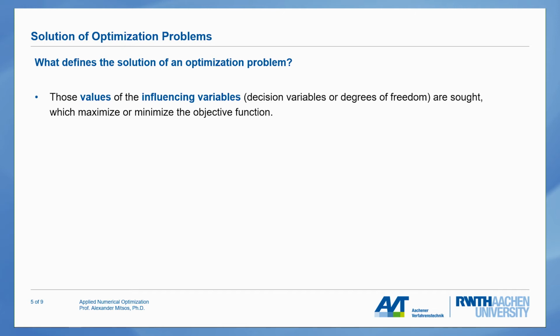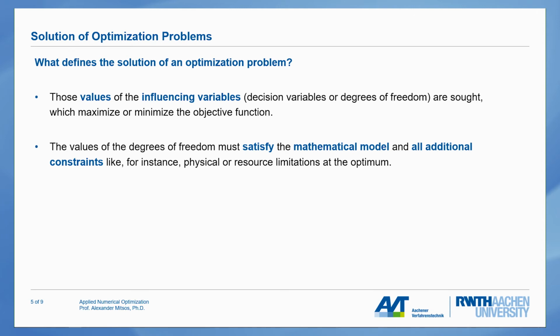I said that we have some variables, and when we minimize a function, we want not only to find the minimum value of the function, we also want to find the values of the variables that give me this minimal function. It can be one solution or multiple solutions, but we want at least one. Sometimes we want all of them.